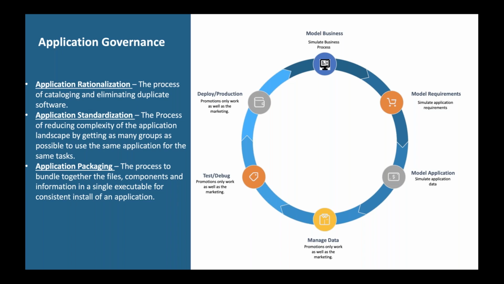The other piece that's similar is application standardization. Where it's different is that it looks at the function of the application, not necessarily what the application is and reducing versioning. To simplify, let's look at something like a snipping tool. You want to be able to take a screenshot on your computer.